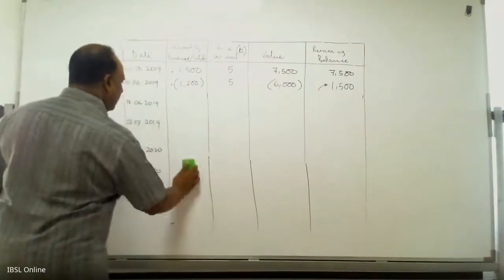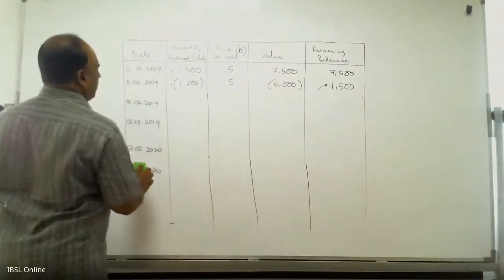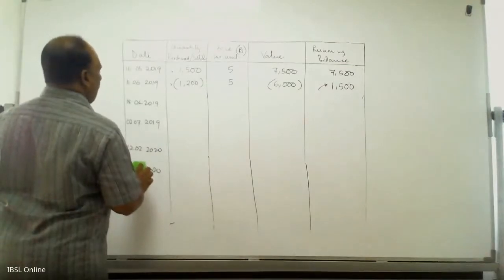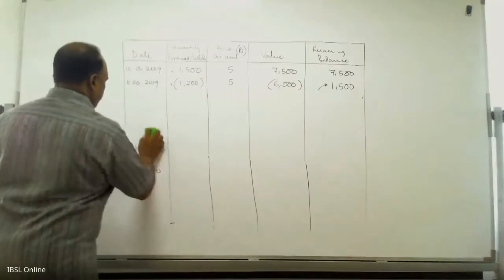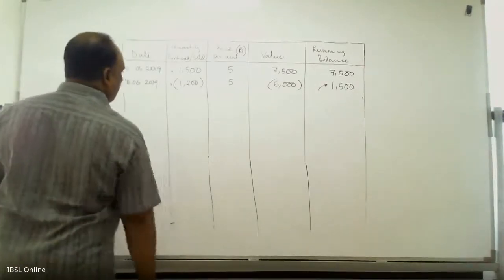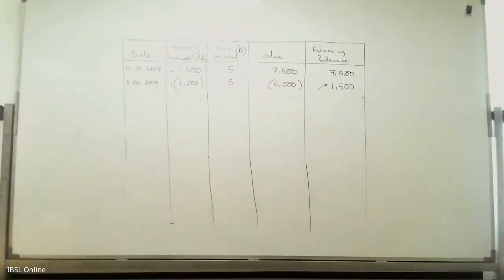So before I go into the next transaction, what is happening now? On 10th of May, I have purchased, 11th of June, I have issued. Now what happens?